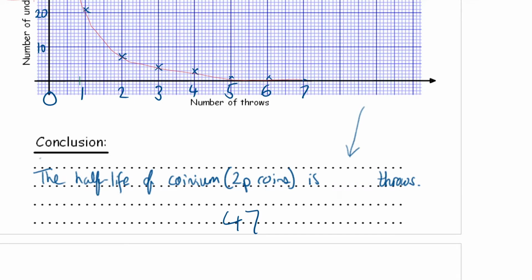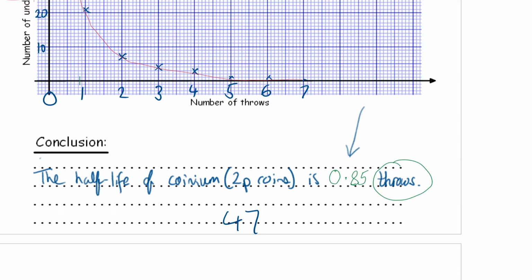Now, coins aren't radioactive. That's fair to say. But what we're trying to do is look at the analogy between coins and radioactive atoms. For radioactive atoms, the equivalent of the number of throws is time.